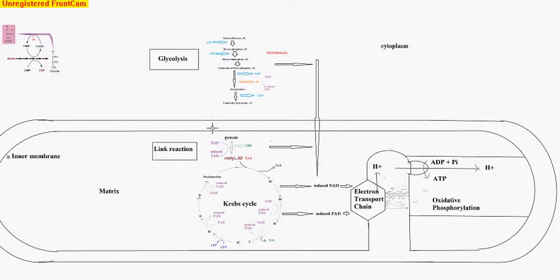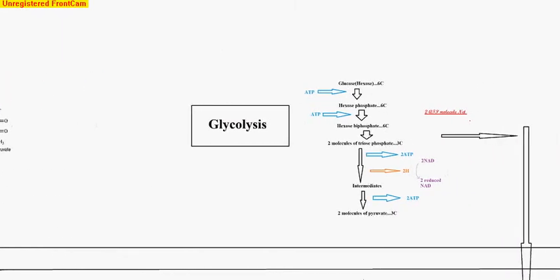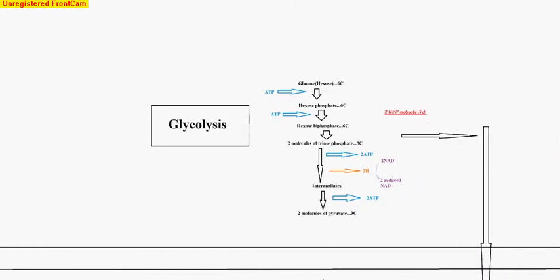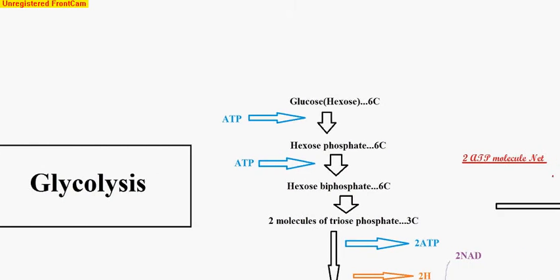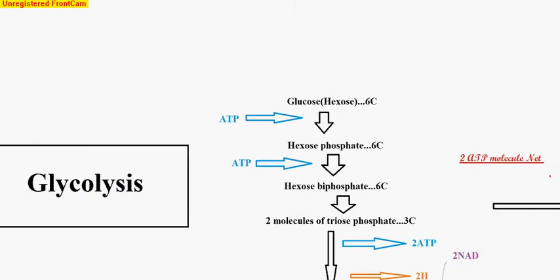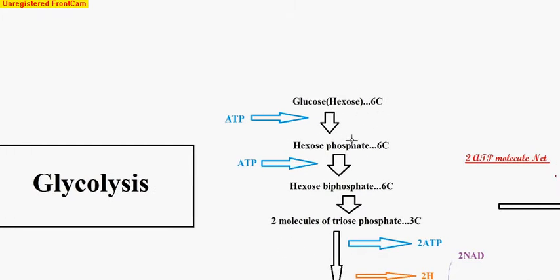Now we know that the raw materials for respiration are oxygen and glucose. So here we can see glucose, let's start with glucose. The glucose enters here. Another name for glucose is hexose, which simply means 6 carbon. The first thing that happens is it gets phosphorylated.